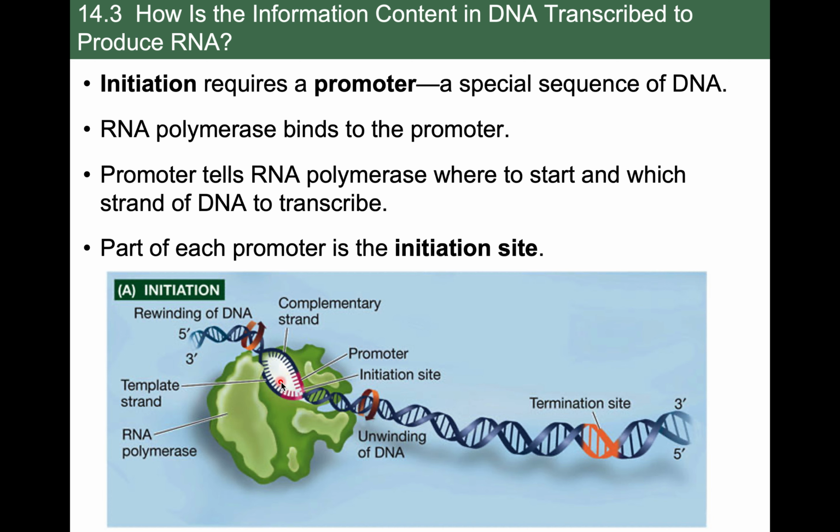So we have that promoter, and you can think of it as really directing the RNA polymerase to the genes. Because if you think of your genome, you have billions of nucleotides of DNA inside every one of your cells, inside each nucleus, and less than 2% of that DNA is actually genes that we want to transcribe.